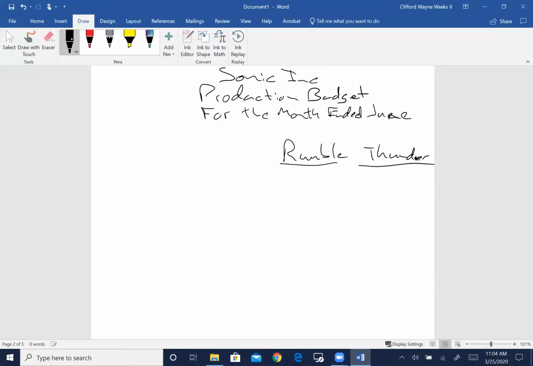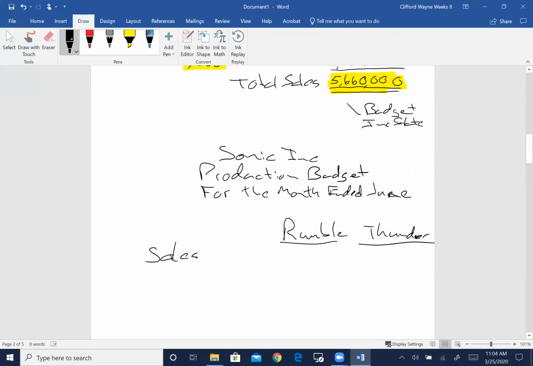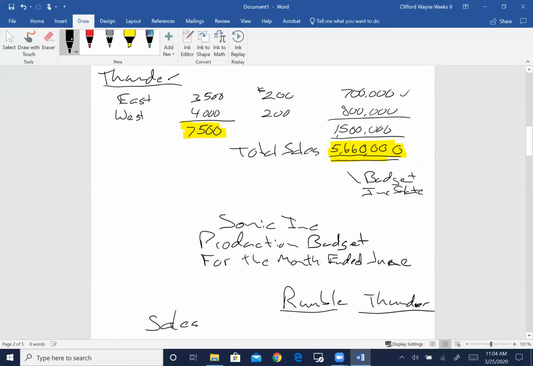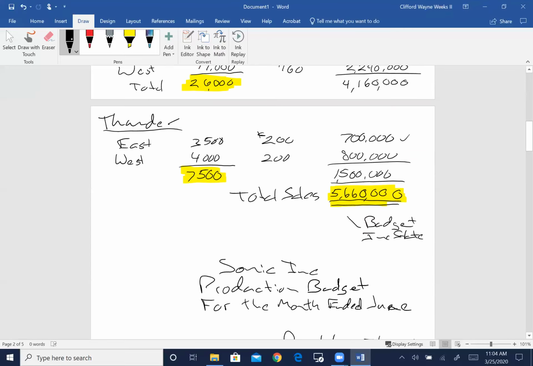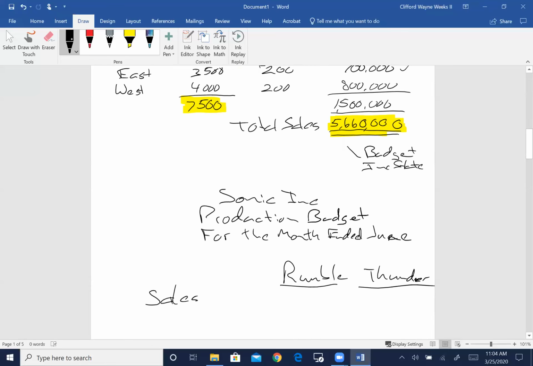We start this production budget with anticipated sales, or expected sales. And that's why these numbers up here were important. So for the Rumble, we expected to sell 26,000 units. And for Thunder, we expected to sell 7,500.